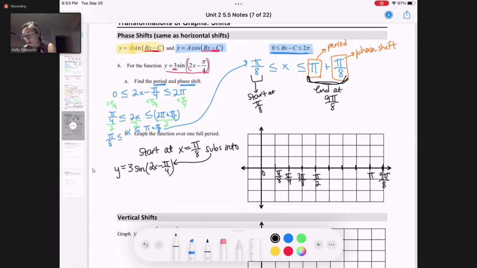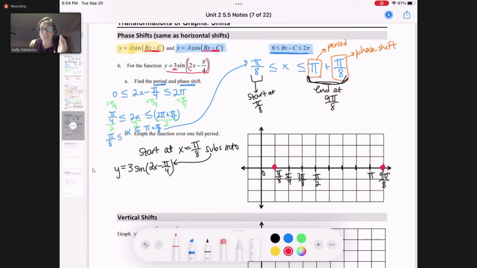So now I know at pi over 8, I get that sine is 0. And so I'm going to get this point right here when I plug in that pi over 8. And then if I want to figure out, when else do I get 0? Or maybe when do I get the maximum? I know that at the very end, my final point, I should get 0, because 2 times 9 pi over 8 minus pi over 4 works out that way.